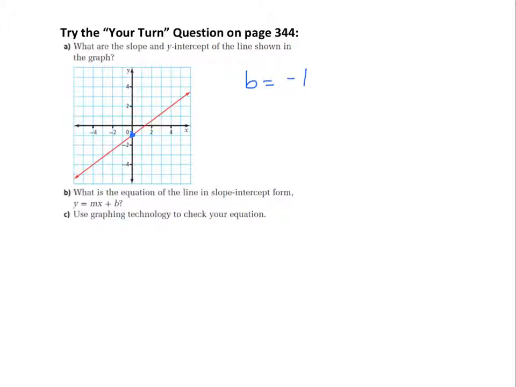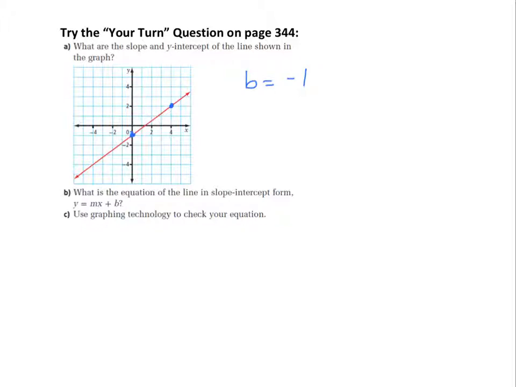To find the slope next, go from that point on the graph to the next coordinate that has exact values. So if we go to the right on the graph until we find an exact point on the line, that would be at this point right here.